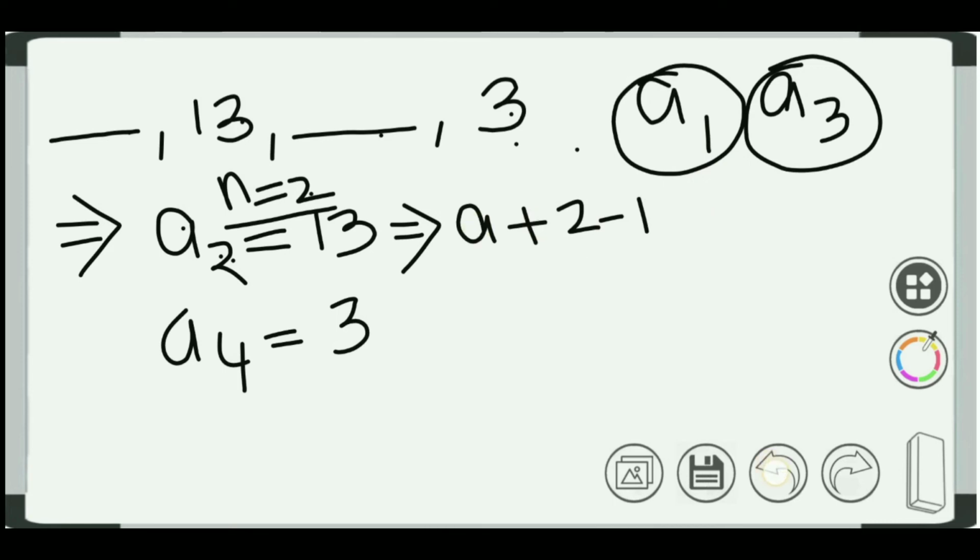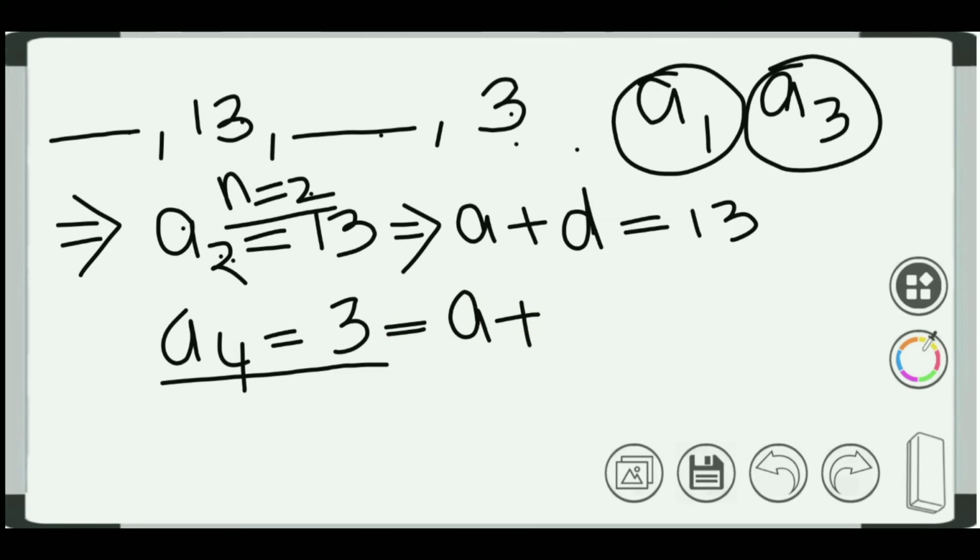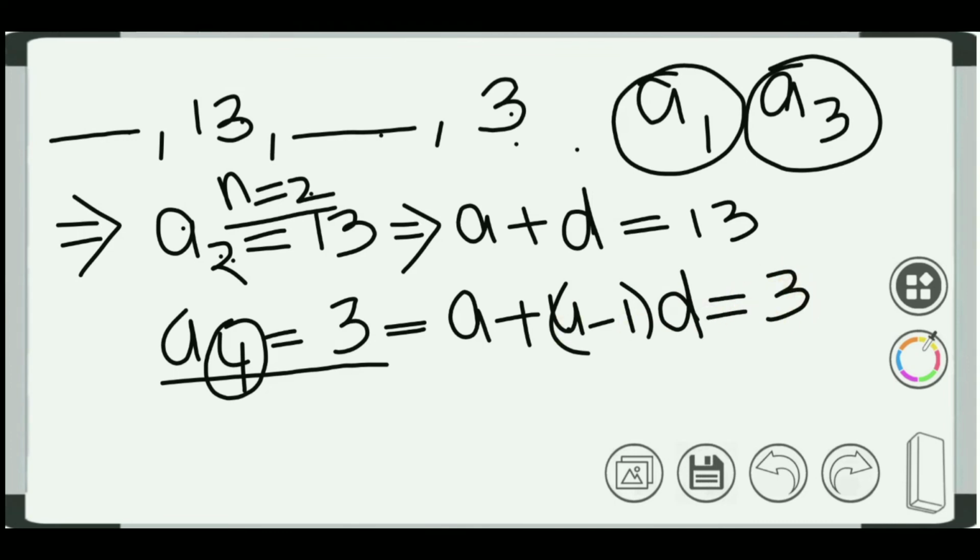I can write a plus d equal to 13. Same way I can expand this one. A plus, what is n here? 4. 4 minus 1 into d equal to 3. 4 minus 1, 3. So I can write a plus 3d equal to 3.